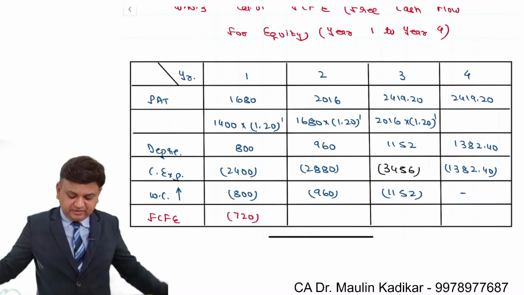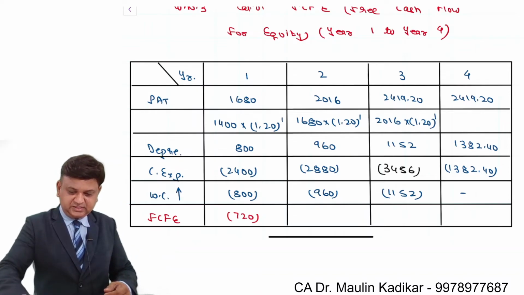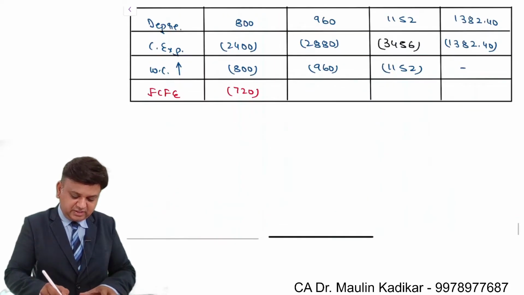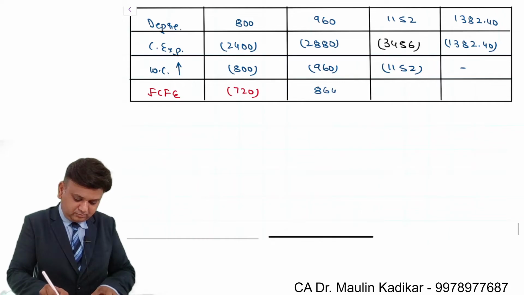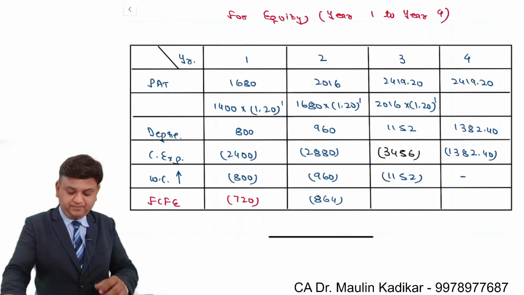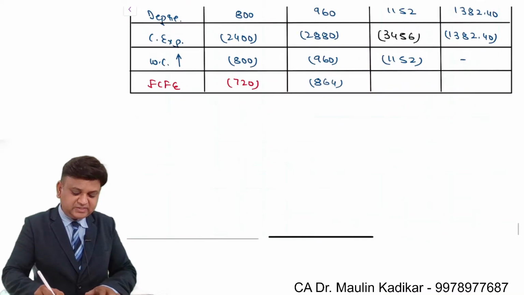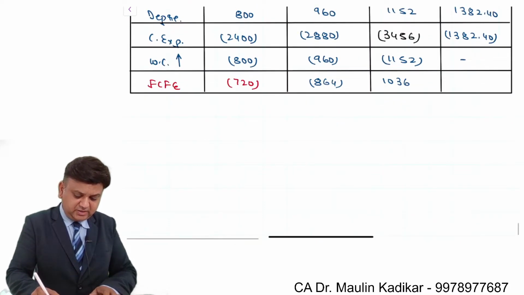So finally, we will have the working of the answer like this: 2016 plus 960 minus 2880 minus 960. So it is 864 negative. Then 2419.2 plus 1152 minus 3456 minus 1152, so 1036.8.